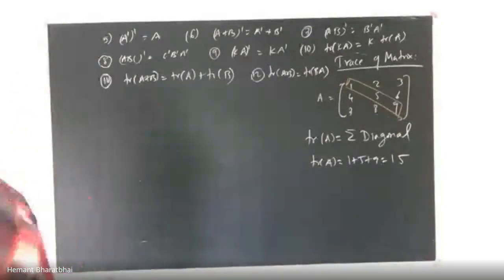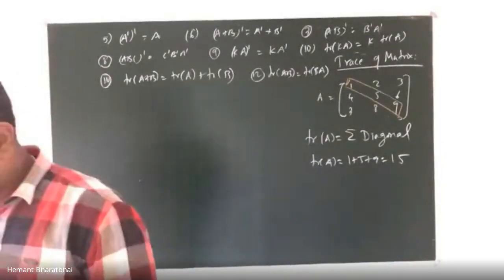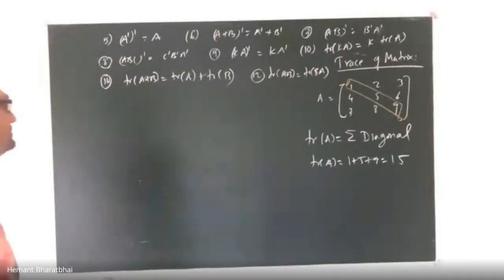So AB will not be equal to BA, but their trace will always be same.